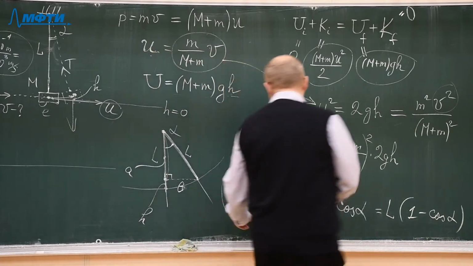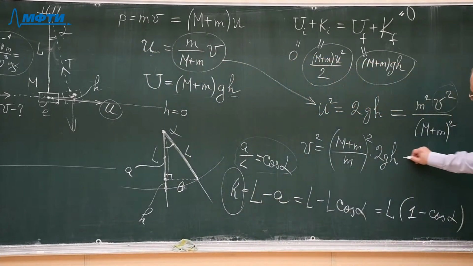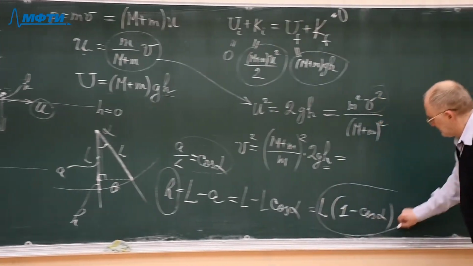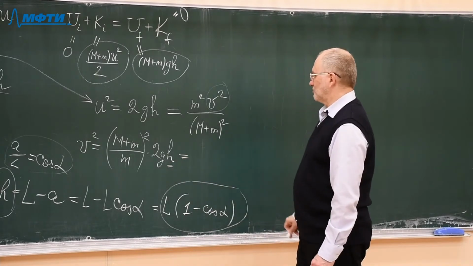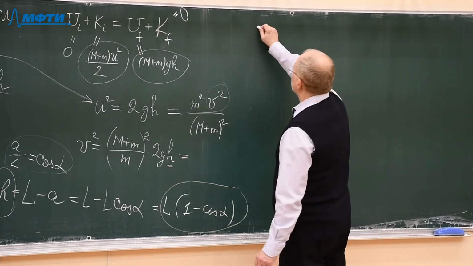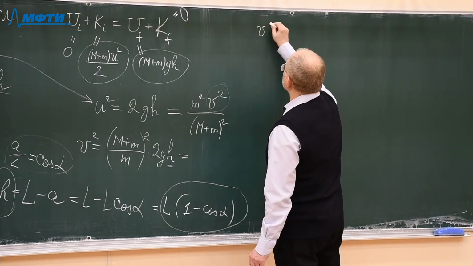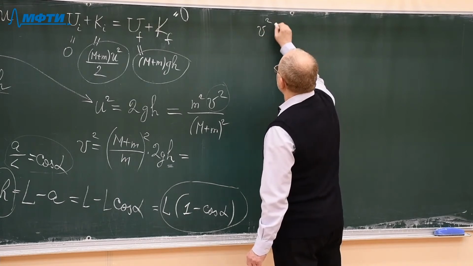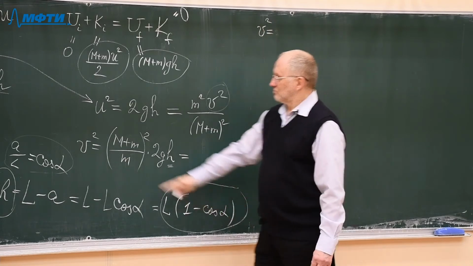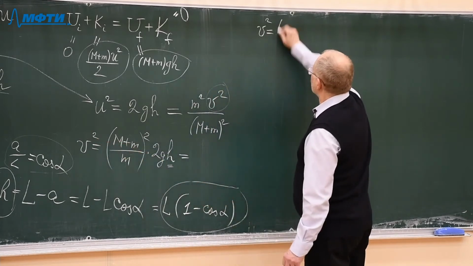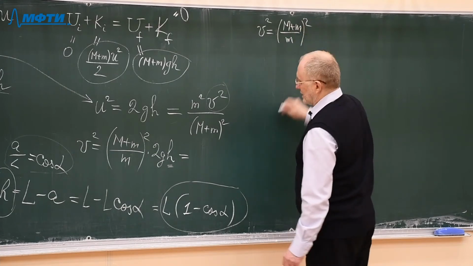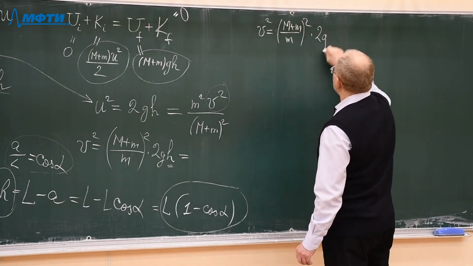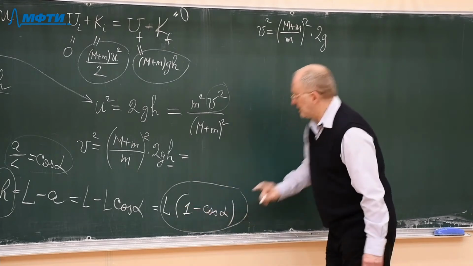Now we can use this expression here. We can substitute this quantity for h in this formula, and finally we can obtain that the bullet velocity squared is this expression squared times 2gh, and h we have just calculated.